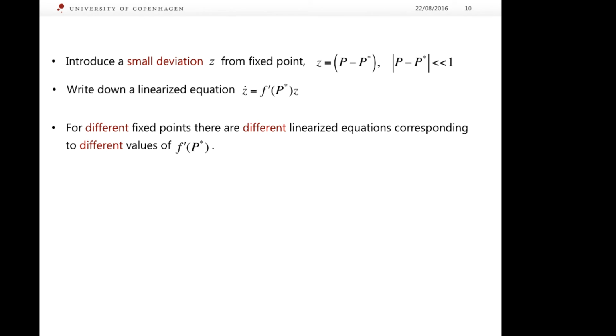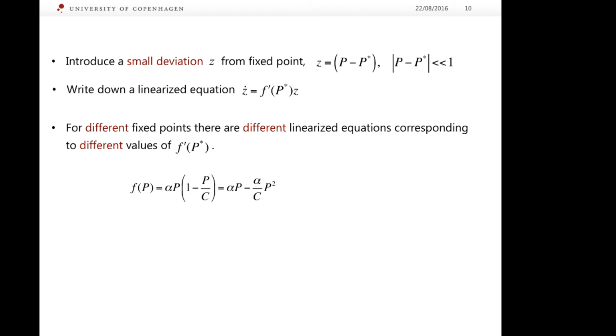Because we have two different fixed points, we will have two different derivatives of the function f corresponding to the fixed points, and there will be two different linearized equations. Let us try to find the derivatives of the function f at the two fixed points. We start from opening the brackets and multiplying alpha p by 1 minus p over c.